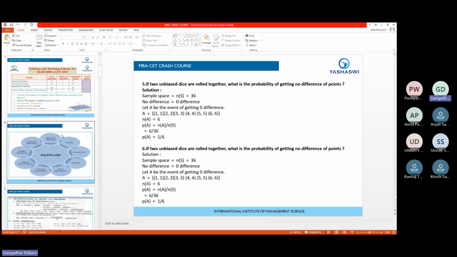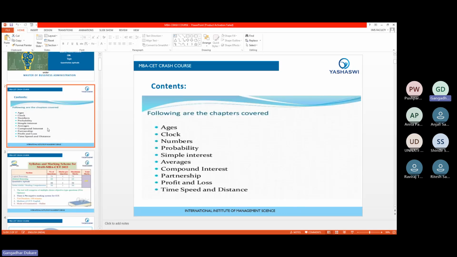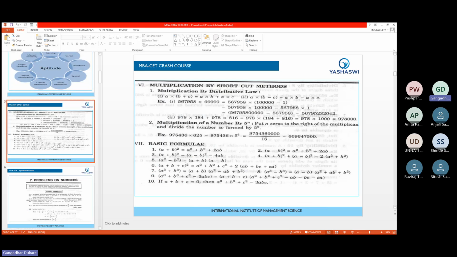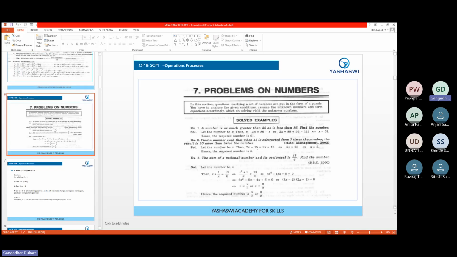I think I covered the whole content for probability sampling for 50 marks. Just take 5 samples from each section for more clarification on the problems: numbers, age, calculation, speed, distance, and the last one, probability.